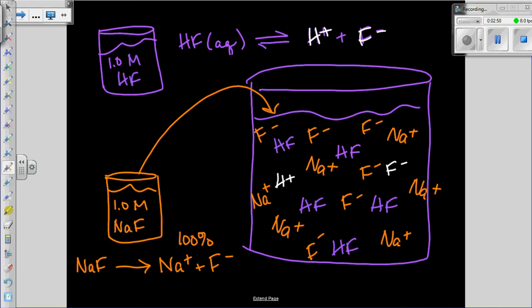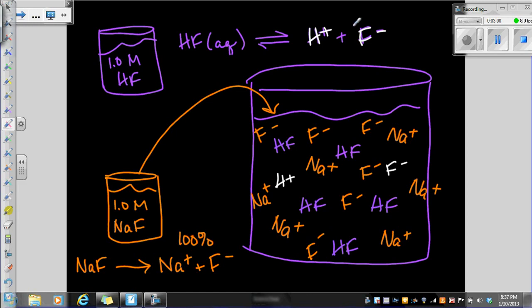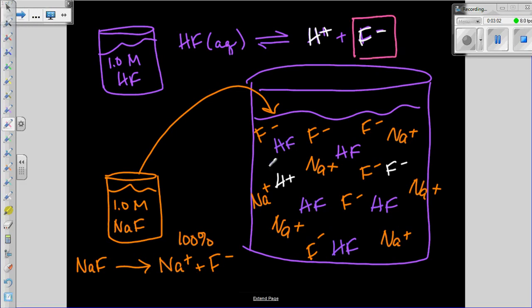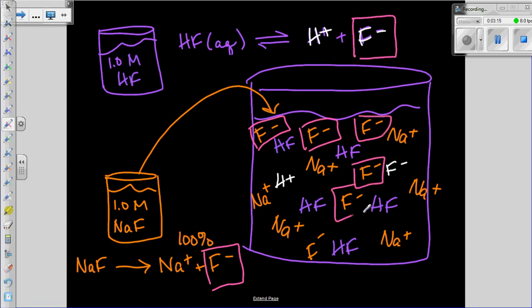What I want you to notice is that in each of these dissociation reactions, we have a fluoride ion. If we look at this solution, we have fluoride ions that come from sodium fluoride, and then we also have, I think I found them all, fluoride ions that come from hydrofluoric acid.